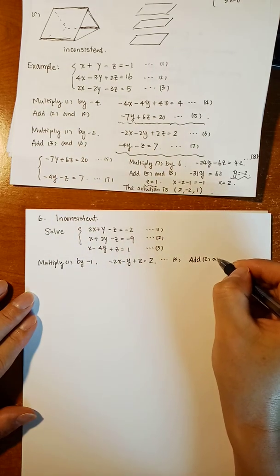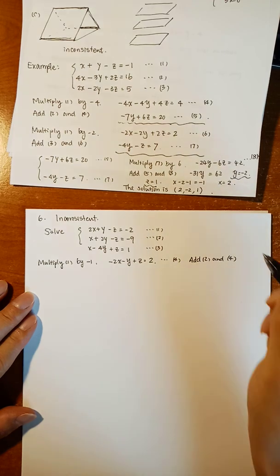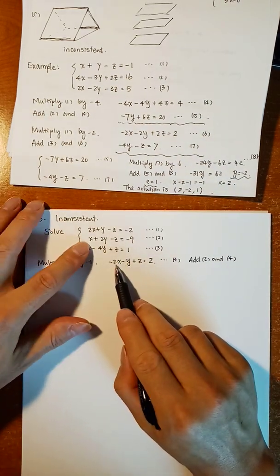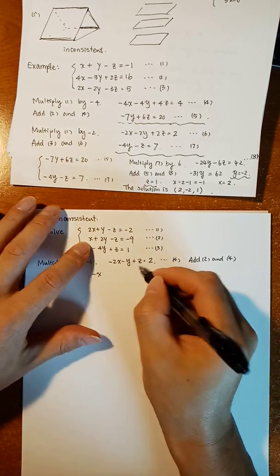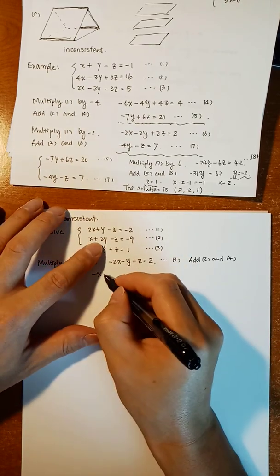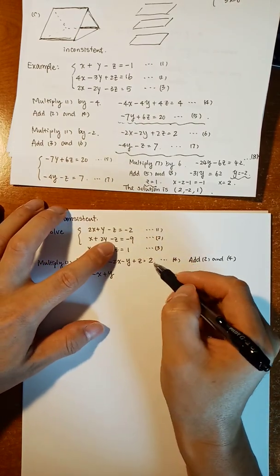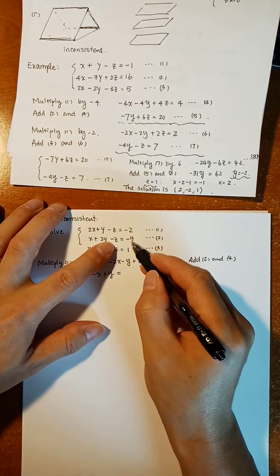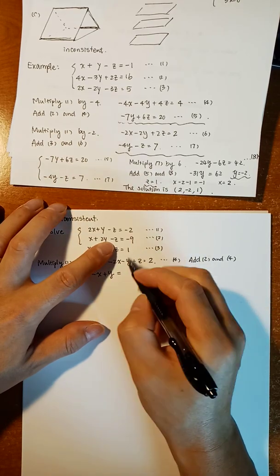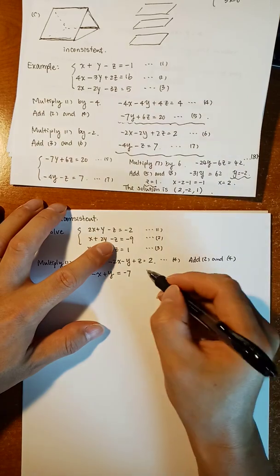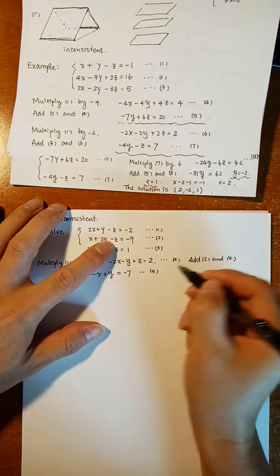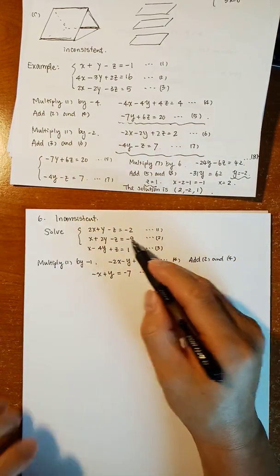Add 2 and 4. x plus negative 2x, negative x. 2y plus negative y, plus y. Negative z plus z cancelled. Negative 9 plus 2, negative 7. That's equation 5. Okay, so now we cancel one z.